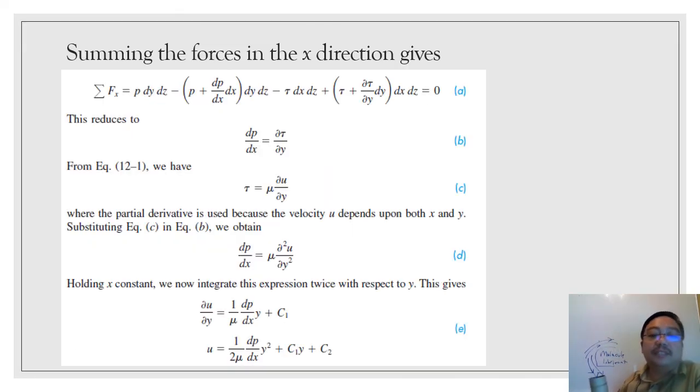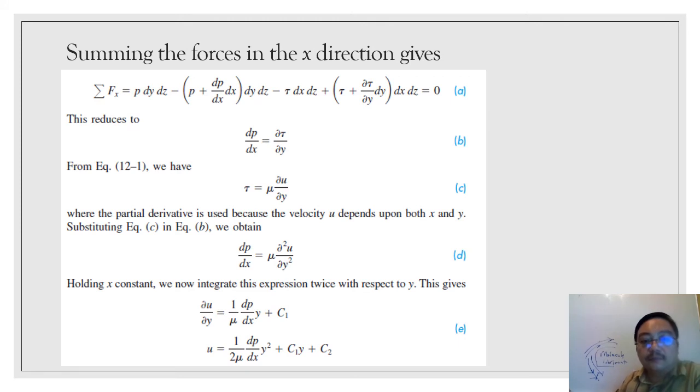And summing forces in the x direction gives this equation. Okay, and then you get u equals this equation, constant everything. You integrate, and then you get constant 1, constant 2, everything.